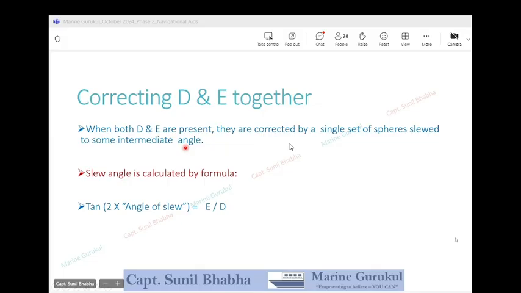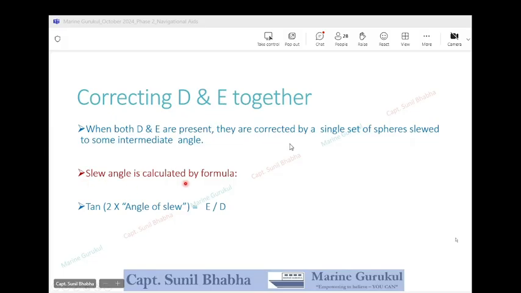Now, how do we decide what is the direction in which the spheres should be placed? If it was only delta, the placement was simple. They need to be placed in the athwartship direction. If it was only epsilon, the orientation was similar to the structure present on the ship. But if both are present, a single set of spheres can be placed and slewed.